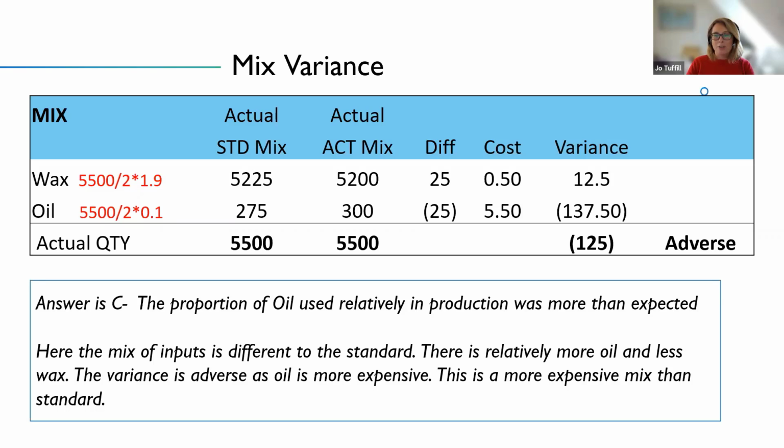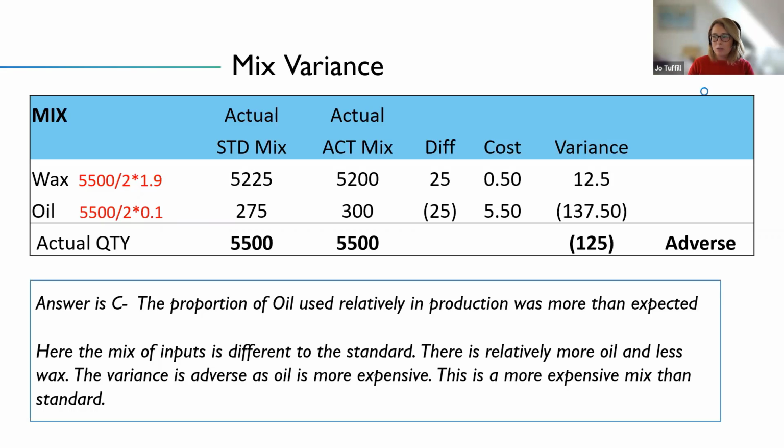The variance is adverse as the oil is more expensive. This is a more expensive mix than standard. So remembering it's a more expensive mix than expected because we were supposed to be using more wax and less oil, and we've now used more oil than wax, which is a more expensive material. So it's nothing to do with the quantities.